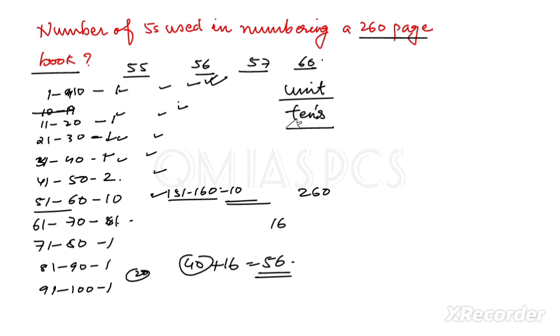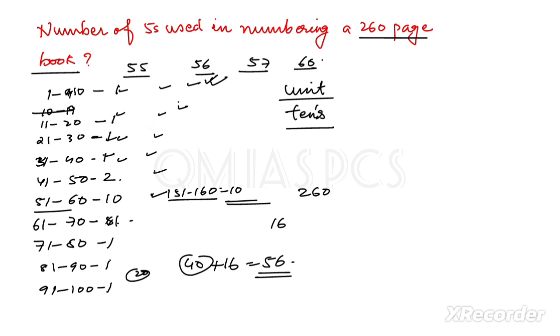If I say from 0 to 9, it is 1, then 11 to 20, it will be 1, like this. You can count on your fingers.